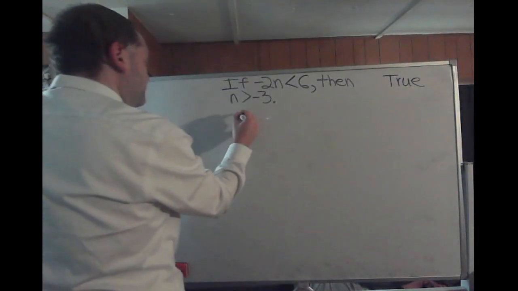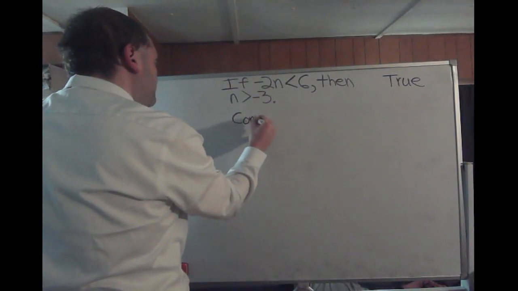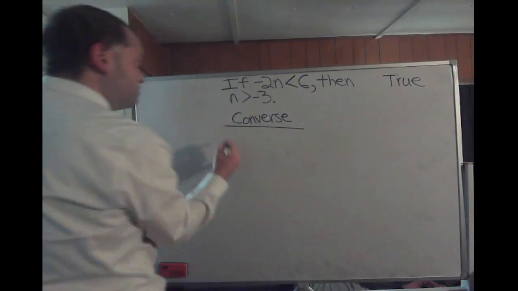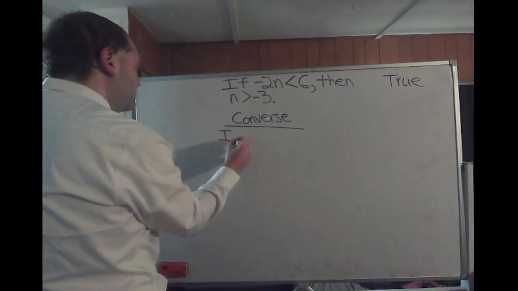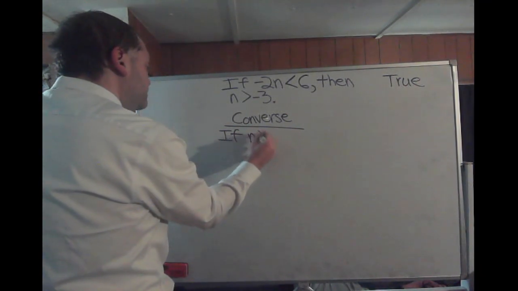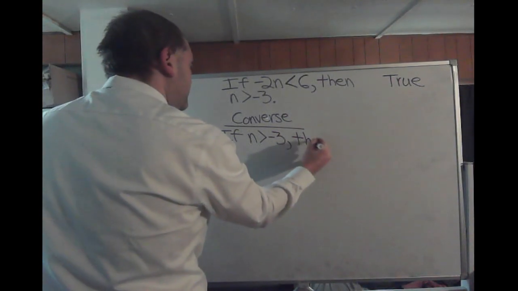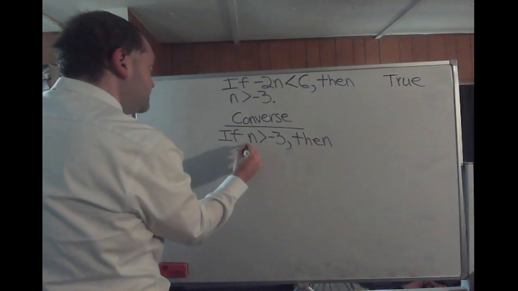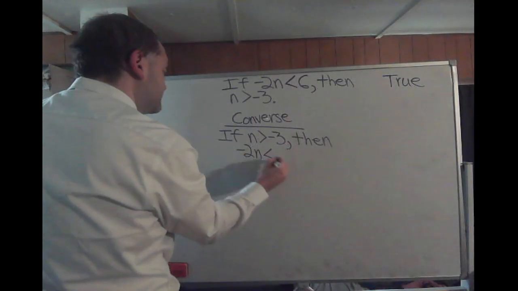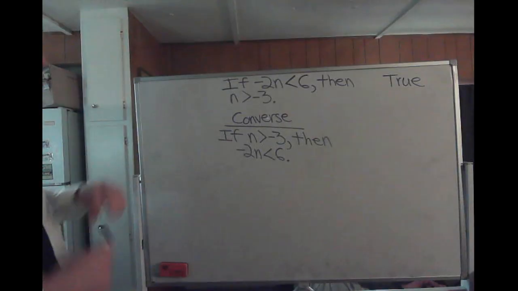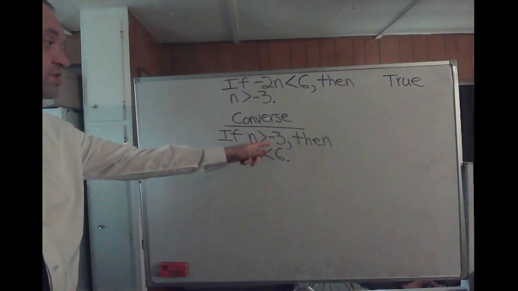Now, what about the converse? How about the converse of the original statement? The converse would say that if n is greater than negative 3, then negative 2n is less than 6. So let's look at this here. Plug in any value that's greater than negative 3.